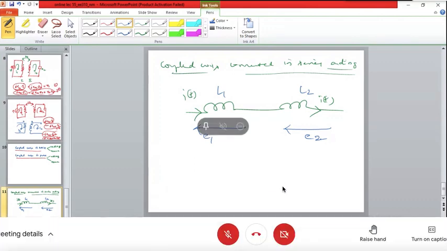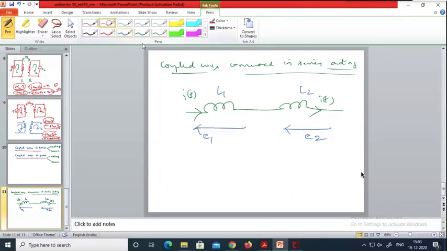Now what happens? There is some flux generated in the coil, and this flux links these coils like this. The flux produced in coil number 1 links coil number 2, and the flux produced in coil number 2 links coil number 1. So there are two more voltages produced.